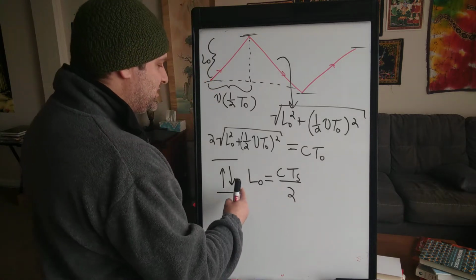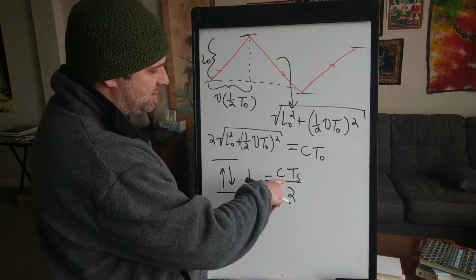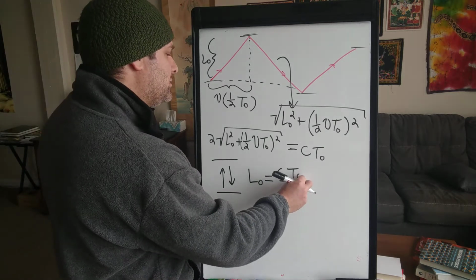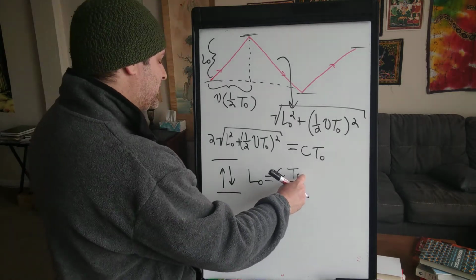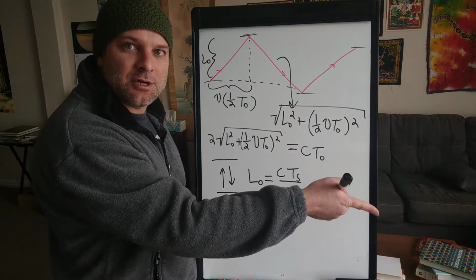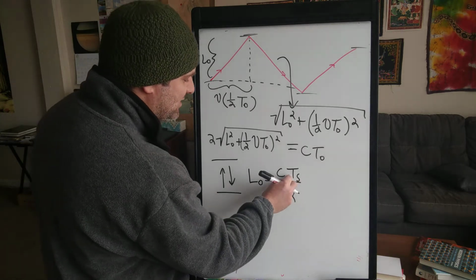So this distance, L0, is the speed of light from their perspective times the ticks that we would see them undergo. Okay, so let's be careful about what this TS means.